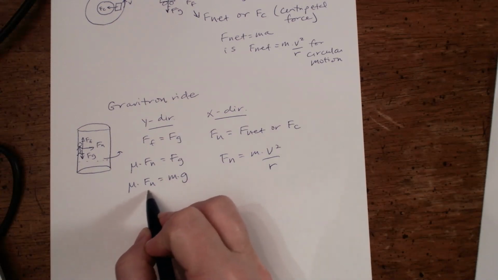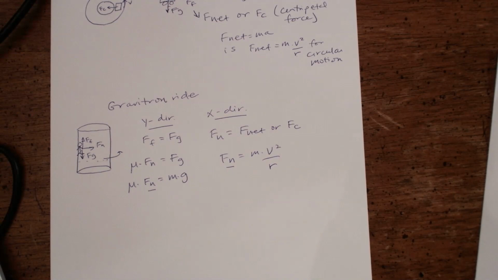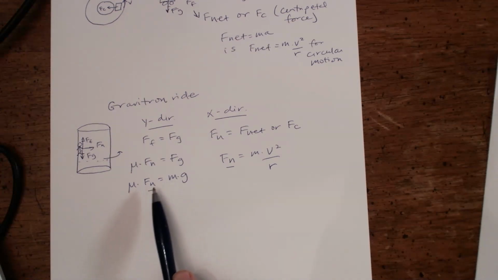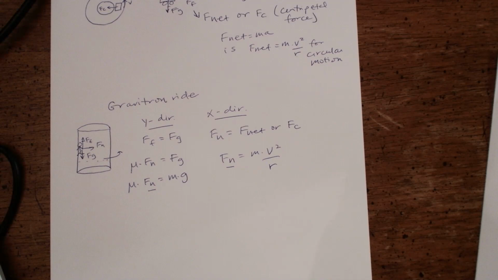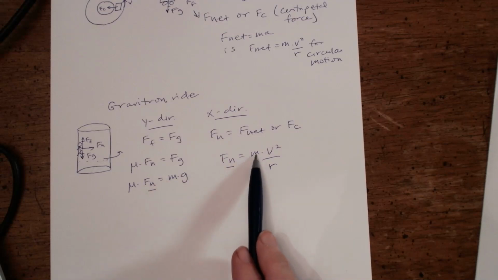Notice here that you've got normal force on both sides, okay? So if you needed other things, for example, you might try solving for normal and setting these two equal to each other. If you don't have mass, you might do that and see that you don't need it because it would end up on both sides.